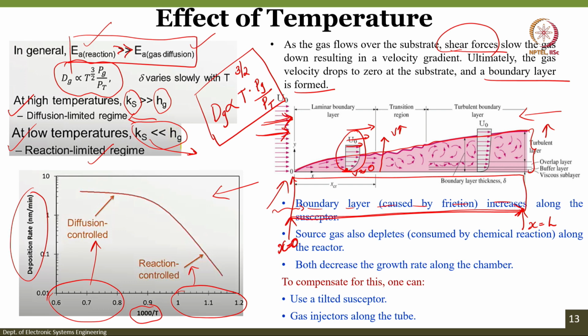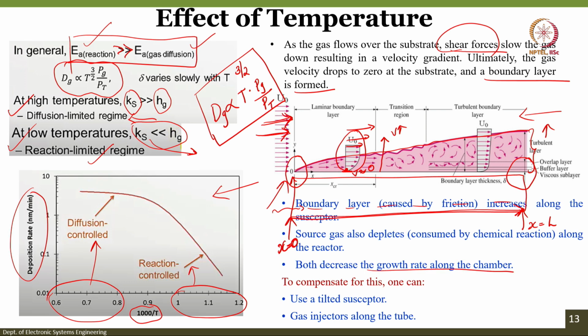So at x equal to 0 you have a large number of precursor molecules available, but at x equal to L the amount available for the reaction is less, because the sources are depleted due to consumption. Due to these two reasons the growth rate decreases along the length of the chamber.